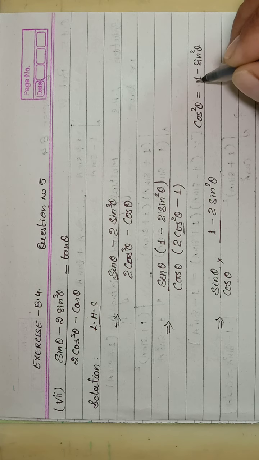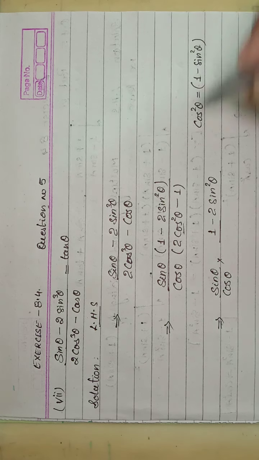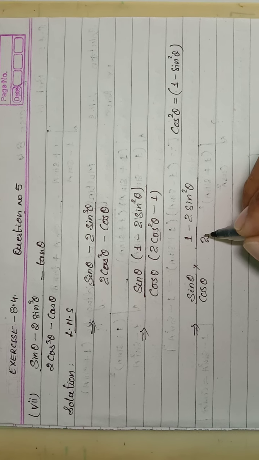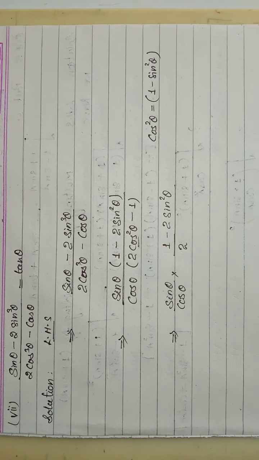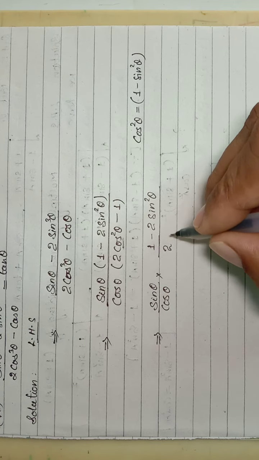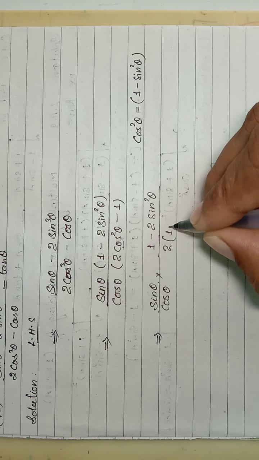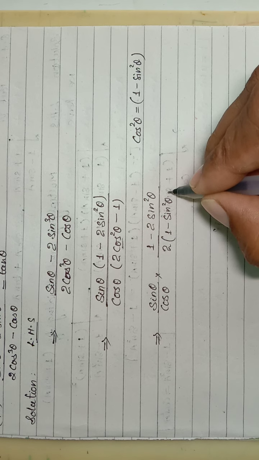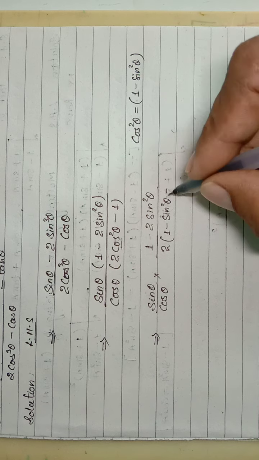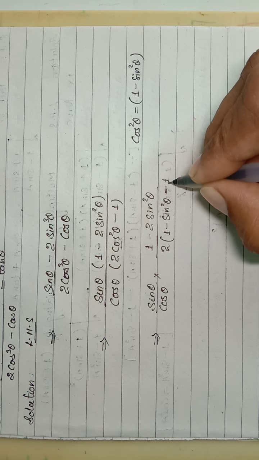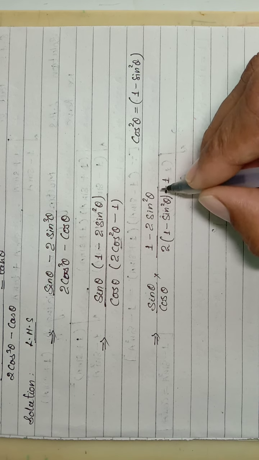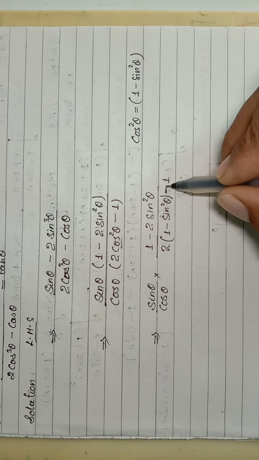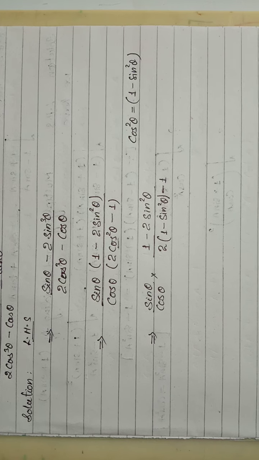So in place of cos square theta I am going to write 1 minus sine square theta. This 2 will remain the same, and after that you will have the negative 1, which is outside the bracket, because in place of cos square theta I have written 1 minus sine square theta.